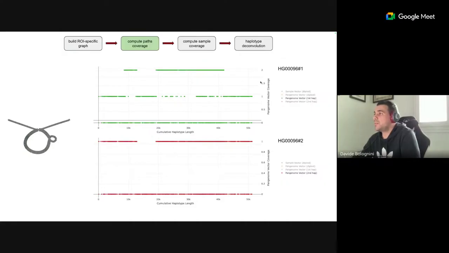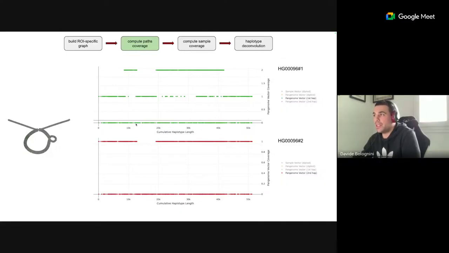So what you see here is basically the path coverage for two different paths. The first path is haplotype 1 from this individual here, AG00096. And the plot that you see in the bottom part of the slide is the second haplotype of the same individual, right?